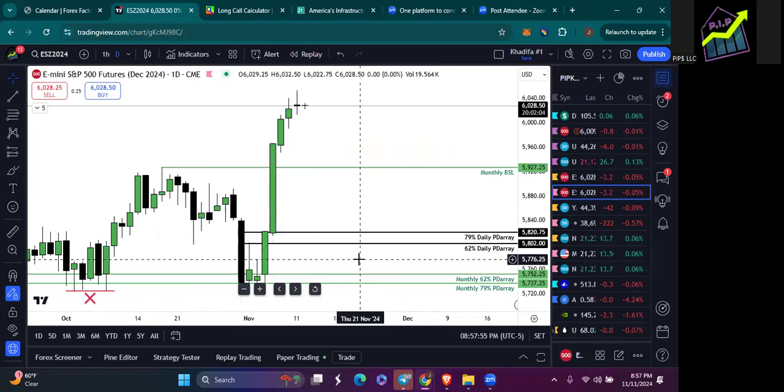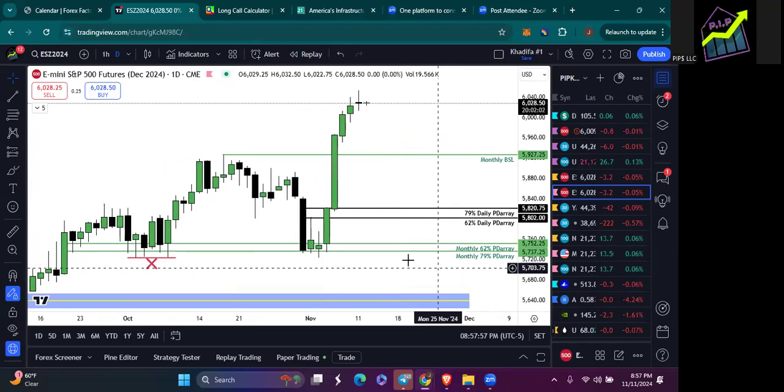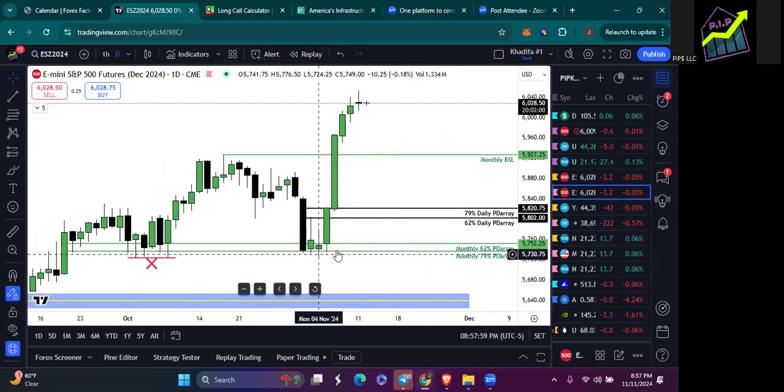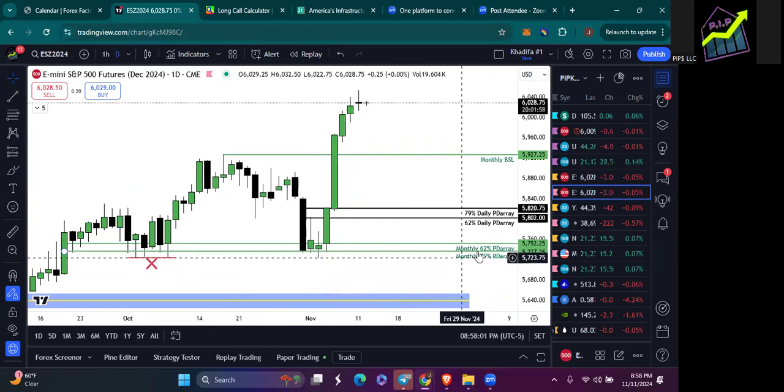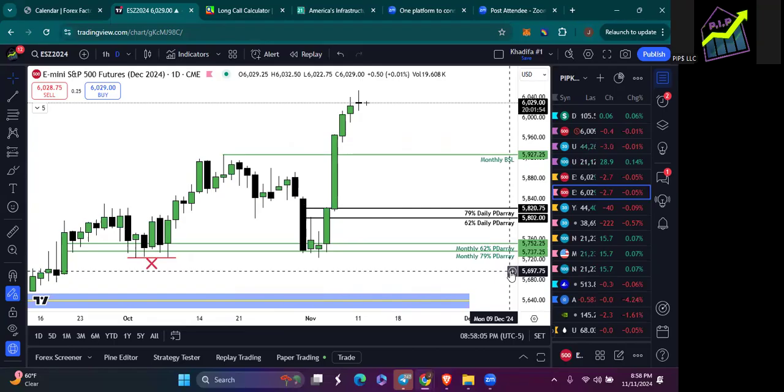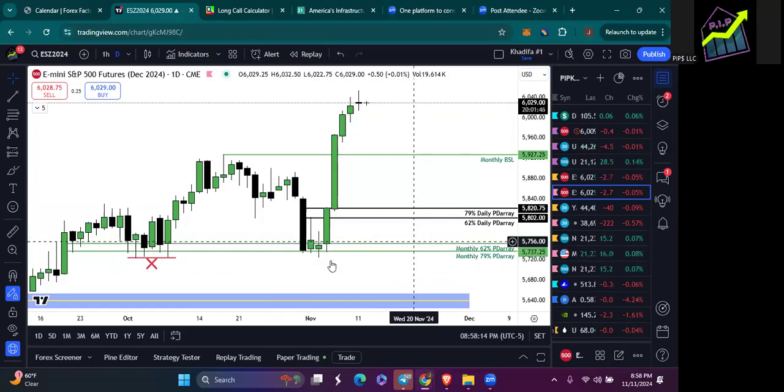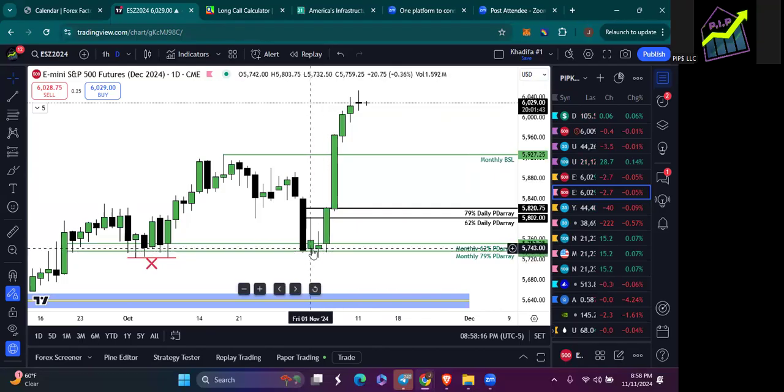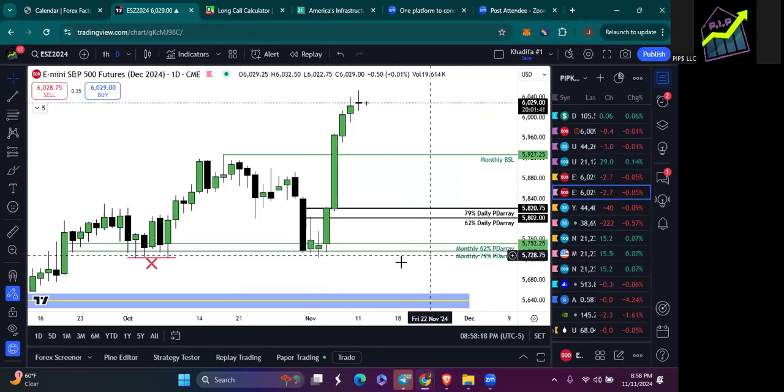Those are bullish indicators when you see the body respecting monthly PD array levels. Remember, the higher the PD array level, the stronger that level is.